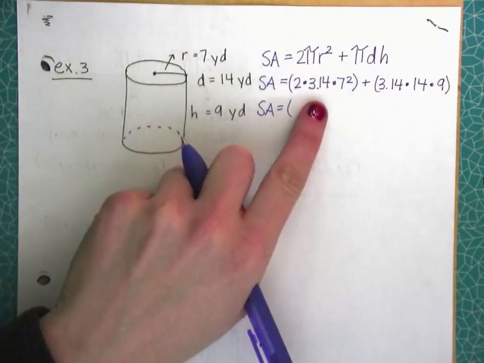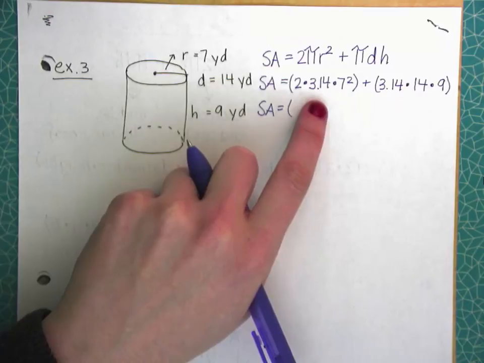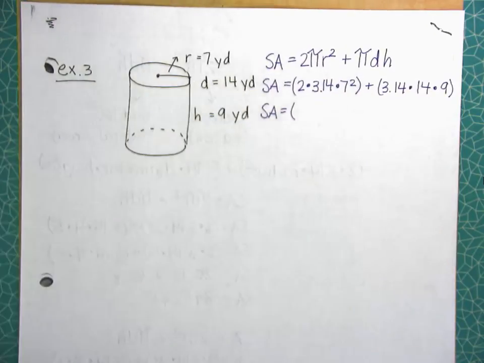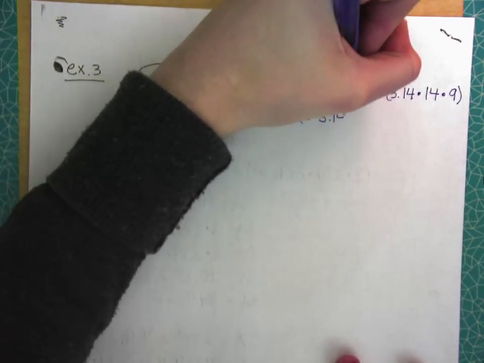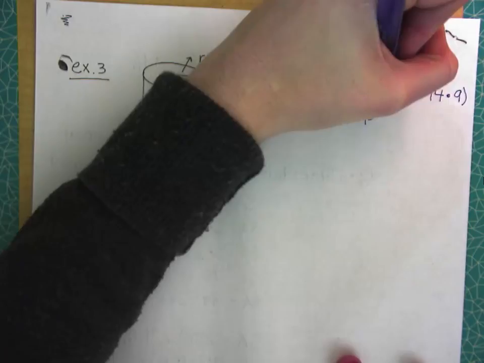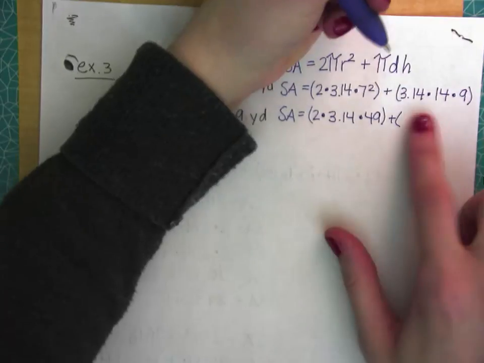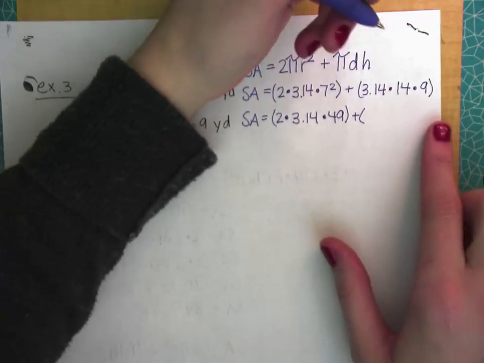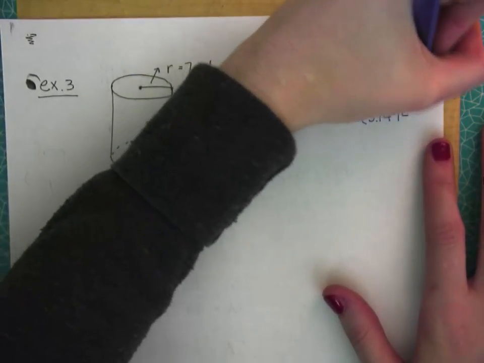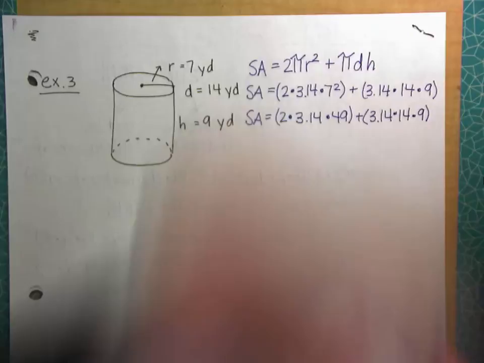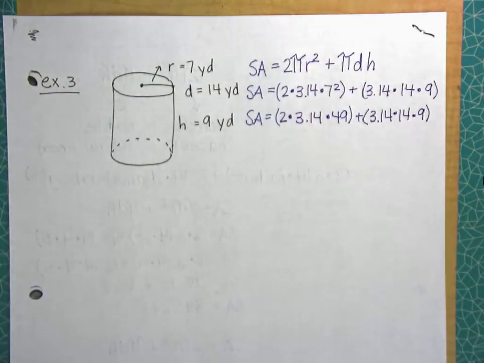So instead of saying 2 times 3.14 times 7 squared, what's it going to say, Chandler? Good. And did we do anything to the second part yet? No. So that's going to stay the same. Okay?